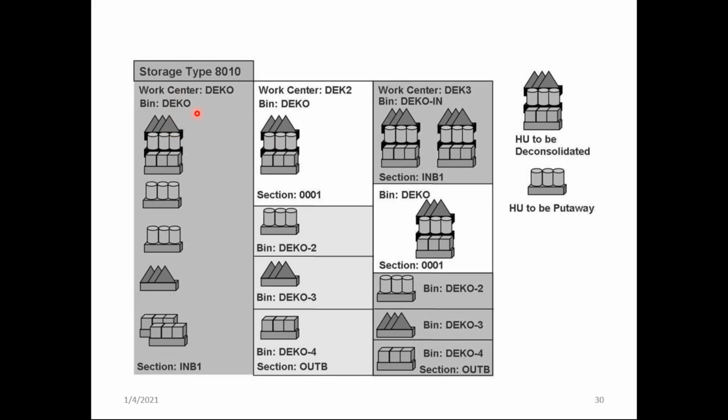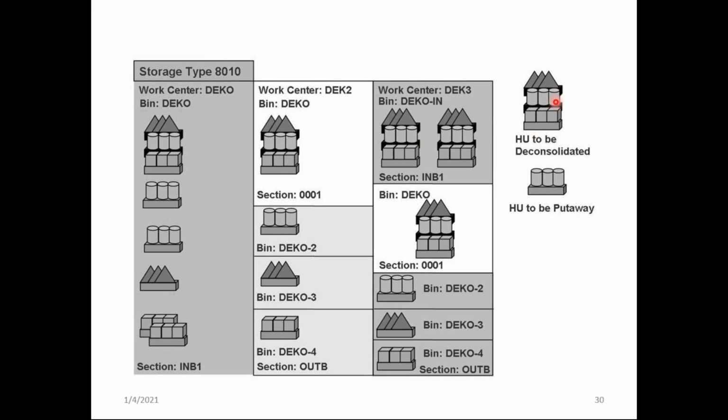See here, for deconsolidation, we receive different kinds of materials packed into one box from our suppliers. We receive that handling unit, or a box where different types of materials are packed, bring it to the deconsolidation work center, and then we deconsolidate those materials.